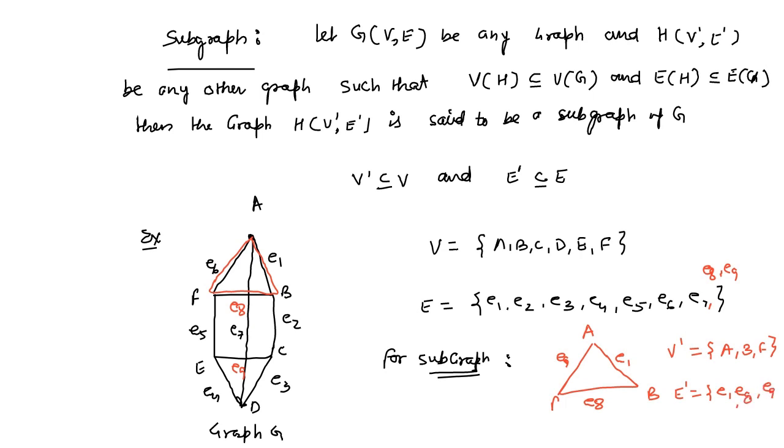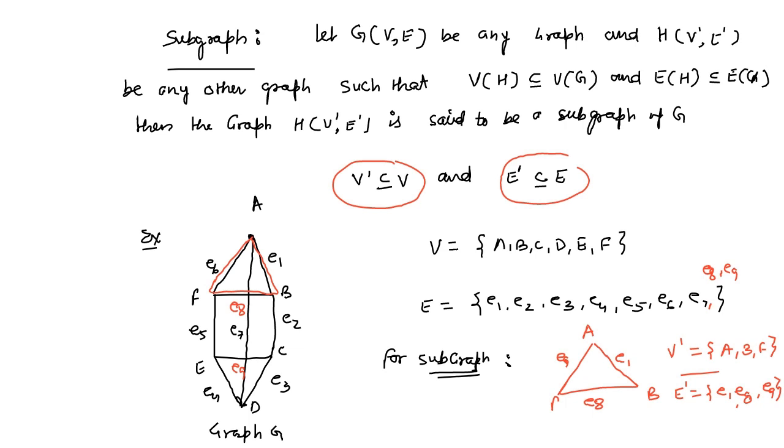So the vertices V' are a subset of vertices of V, and E' is also a subset of E. So this is the example of a subgraph.